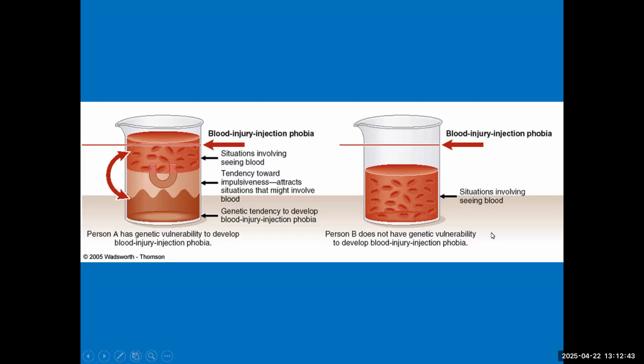Person B on the right, however, does not have that inherited tendency, but maybe they're involved in situations where they see blood, like a medical professional, for example. But this does not necessarily turn into the actual phobia because they don't have the genetic tendency.